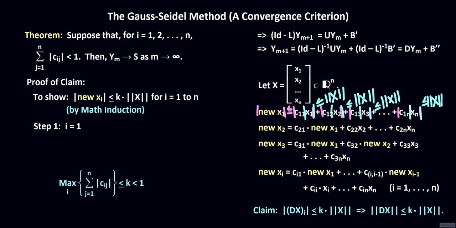The sum of the absolute values of the c sub ij's is less than or equal to k, so that factoring out the norm of x, we find that the absolute value of the new x sub 1 is less than or equal to k times the norm of x. Hence, the claim is true for i equals 1.